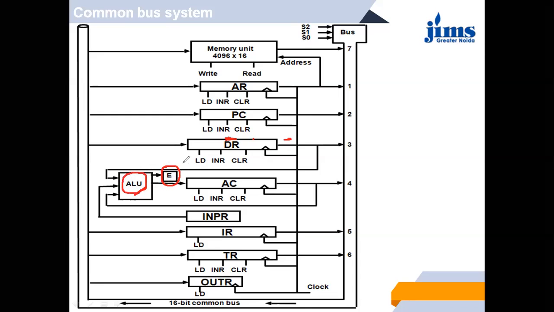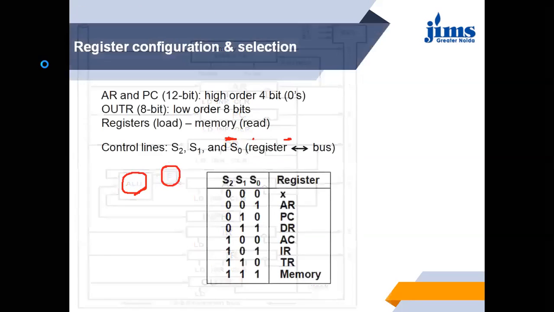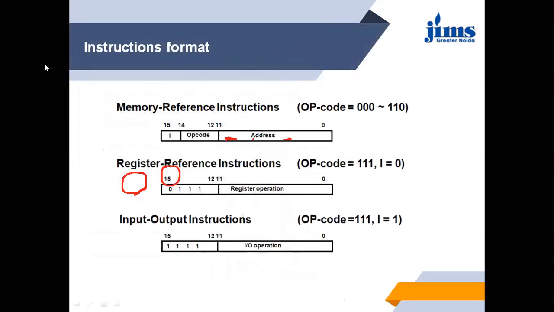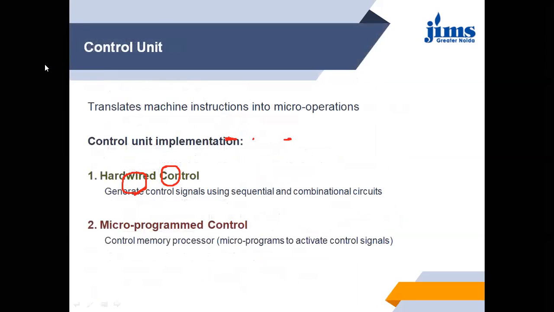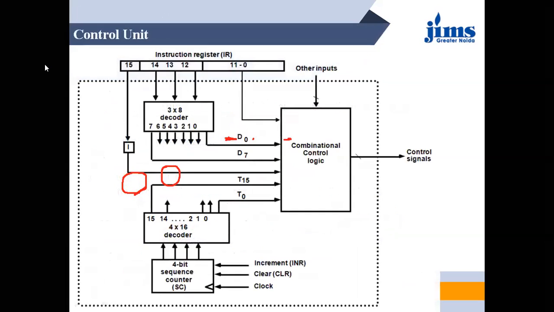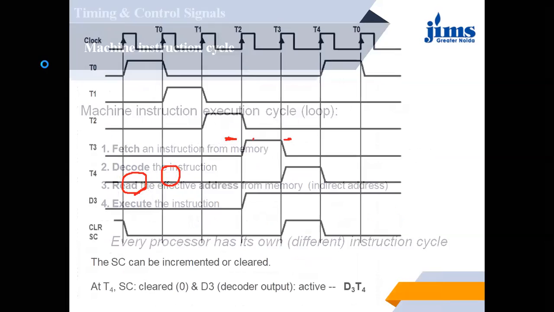So now you came to know where we have to use the E. E is for maybe overflow or to set some values, from where we came to know what the next decision control has to take.